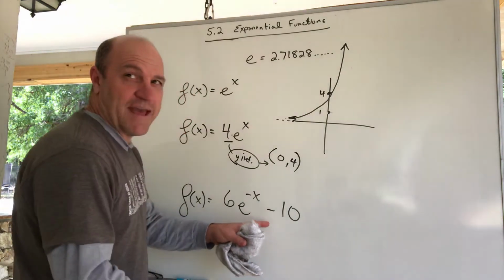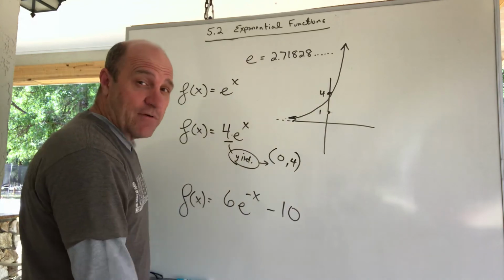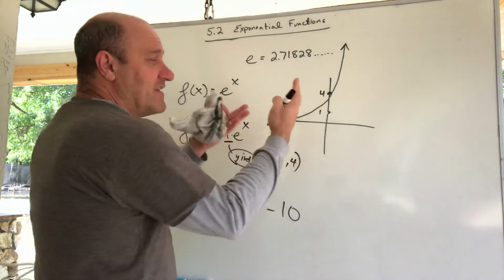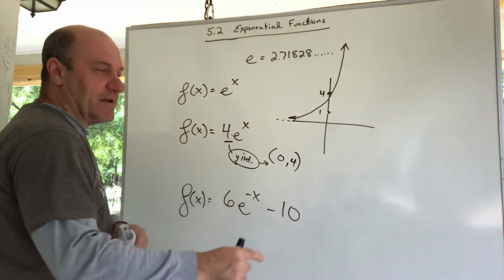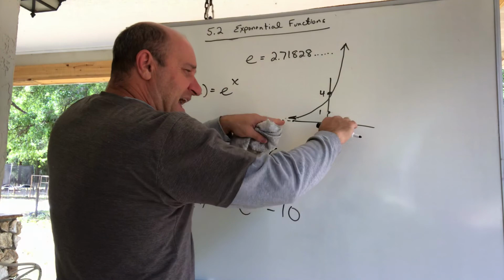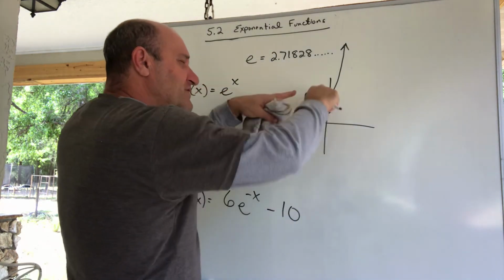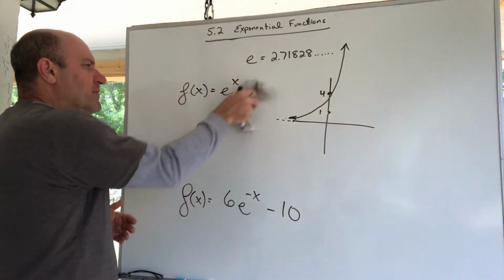Well, we've learned that. Subtract 10 on the end of any function, it shifts it down 10. So I would shift the whole thing down 10. That means the asymptote shifts, the graph shifts, the y-intercept shifts. That might be a good way to approach this problem.